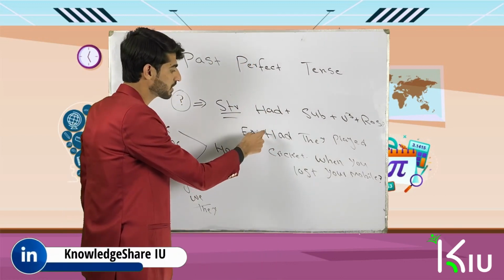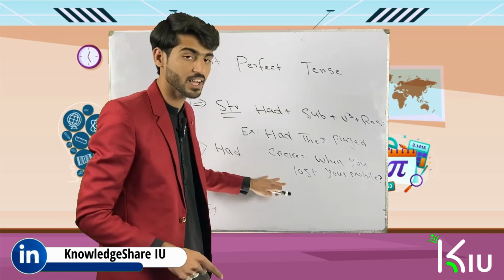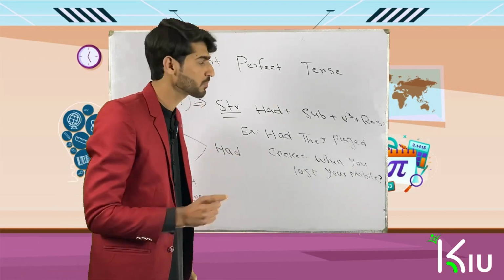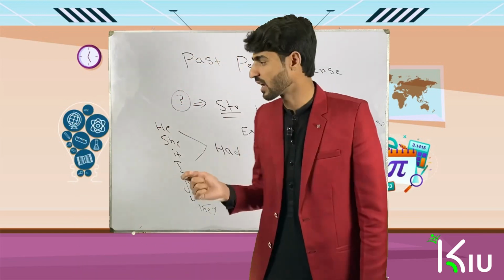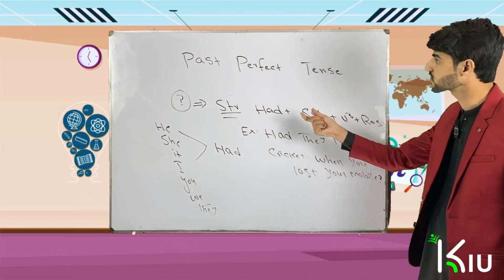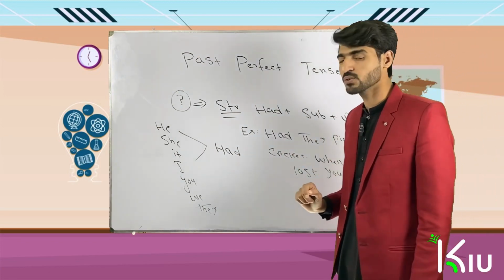So in this example, the first action is in past perfect, but the second action is in simple past tense. We will make the interrogative structure in past perfect like this.